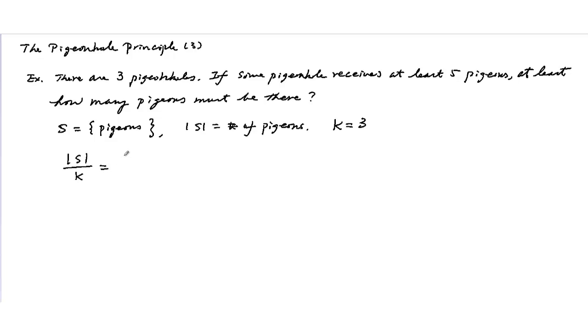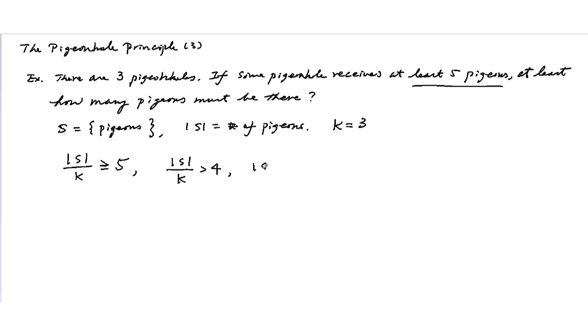So in this case, we expect it to be greater than or equal to 5 because it says at least 5. But we can also use greater than 4. If this is 4 point something, then it must be 5 to keep the whole number. So consider this.